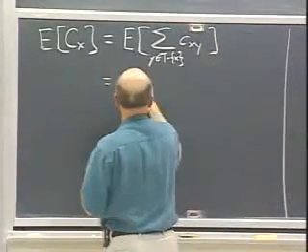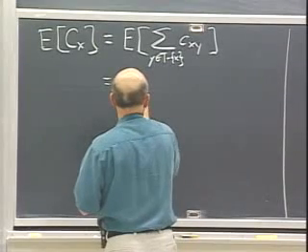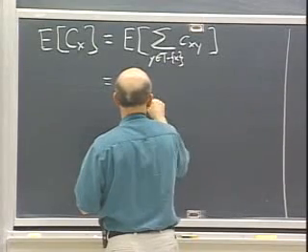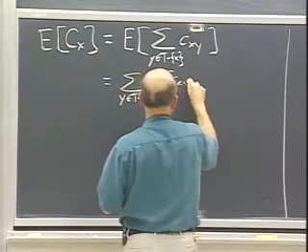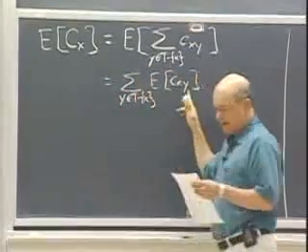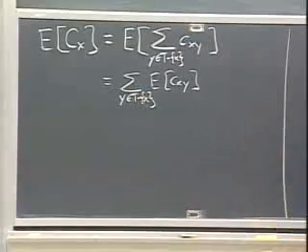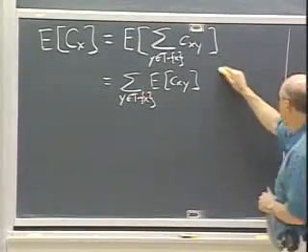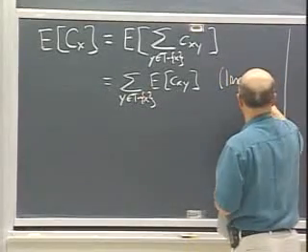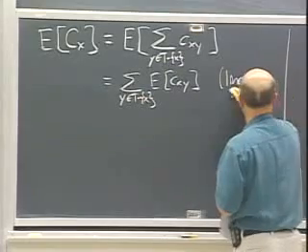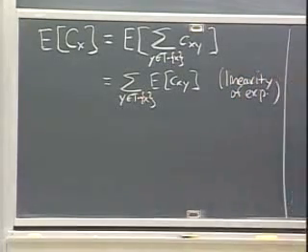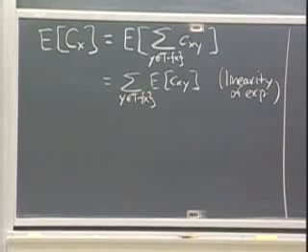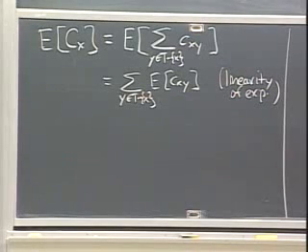And that's equal to the sum over y in t minus x of the expectation of cxy. So why is that? Yeah, that's linearity of expectation. It doesn't require independence. It's true of all random variables.